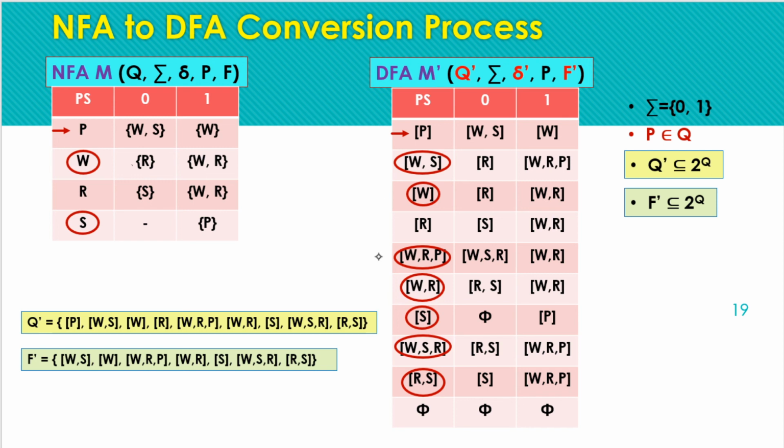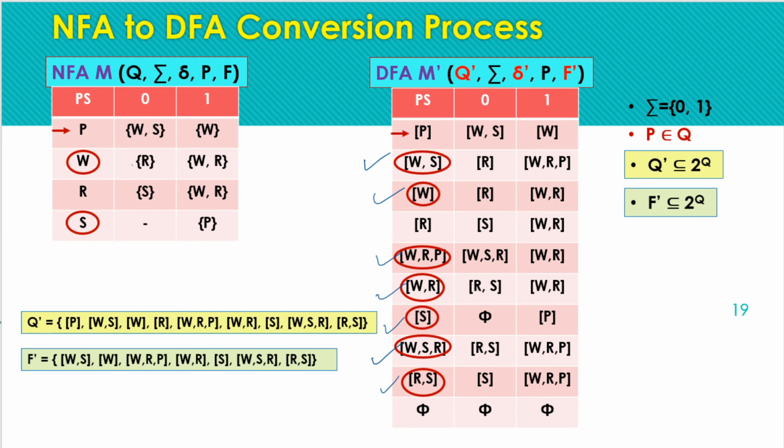Okay, from the newly identified states, all the states having W or S as one of the elements will be the final states. So we have identified these states as the final states because these states have W or S as one of the elements.